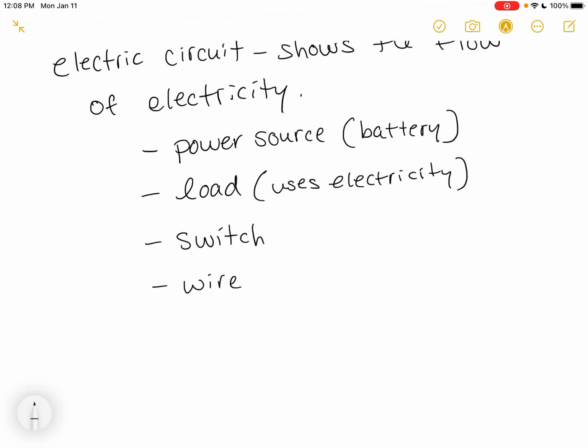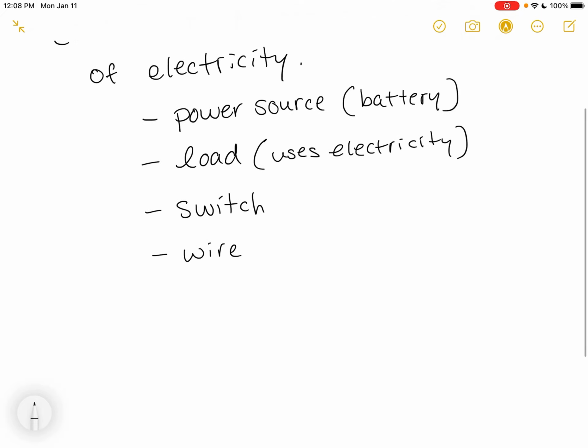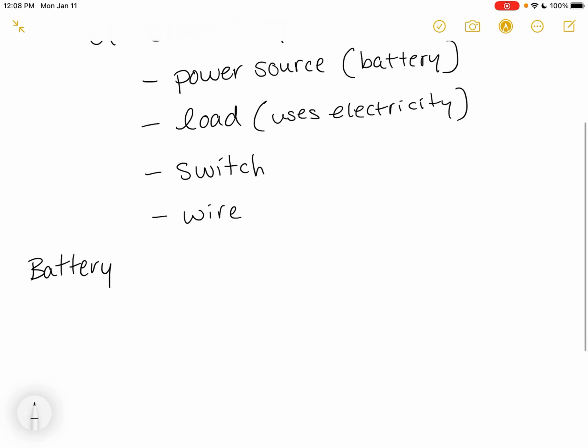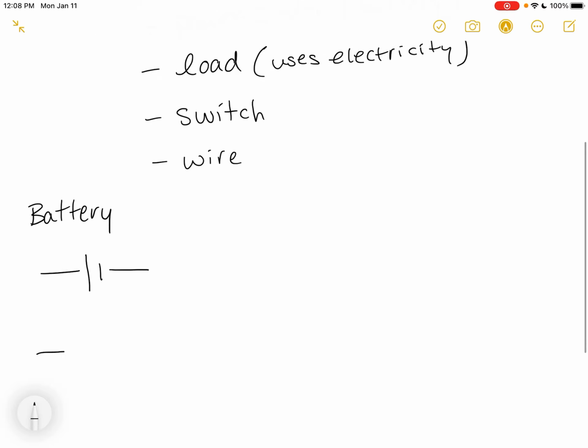So when we're drawing circuits, there are specific symbols that we use to represent different parts of a circuit. So a battery is symbolized using cells. So this is what the picture looks like.